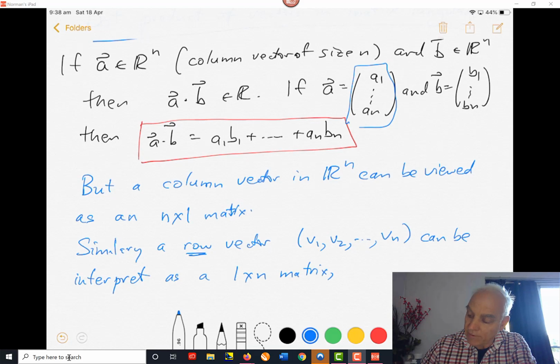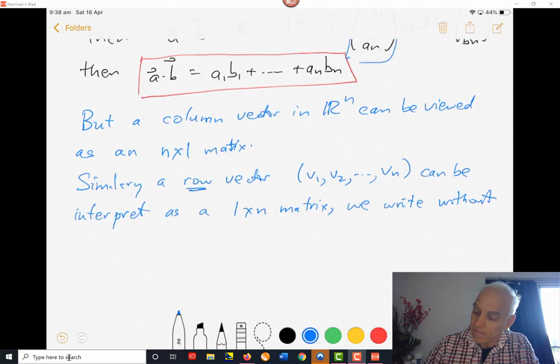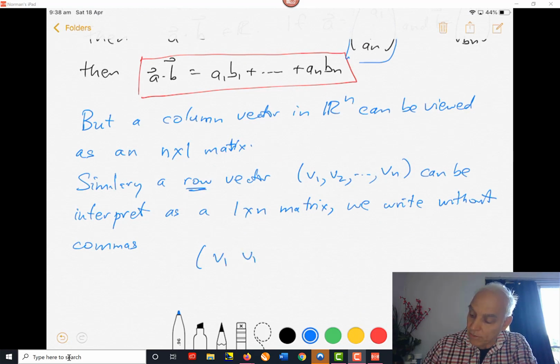In that case we write it without commas. When we write matrices, we generally do not have commas. So we would write this row vector rather as v1, v2, up to vn without any commas.